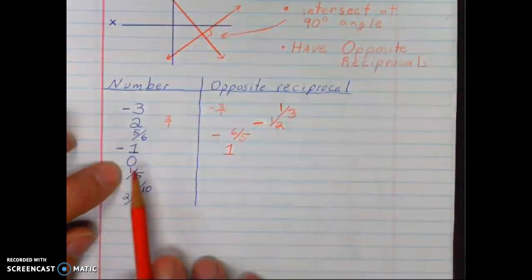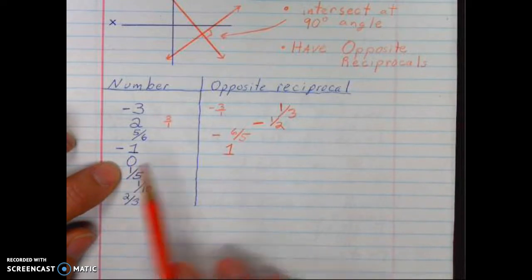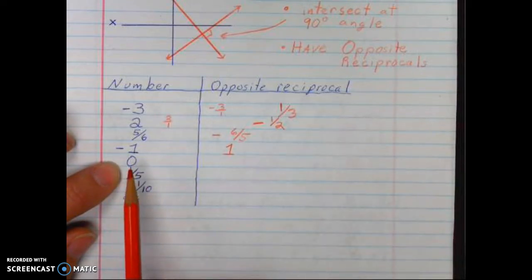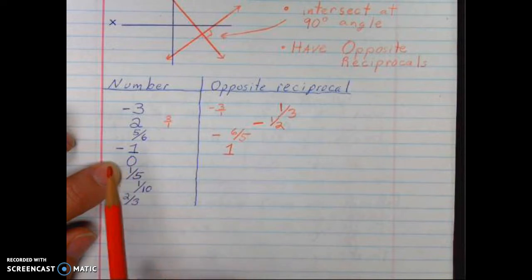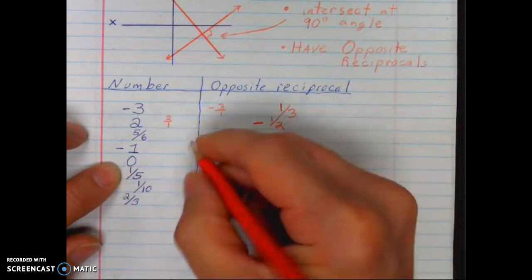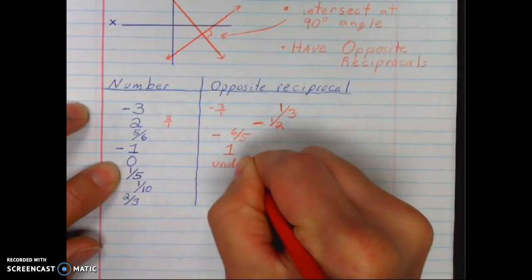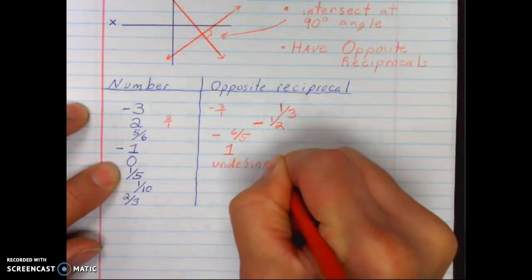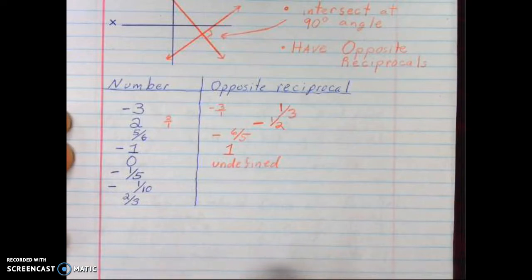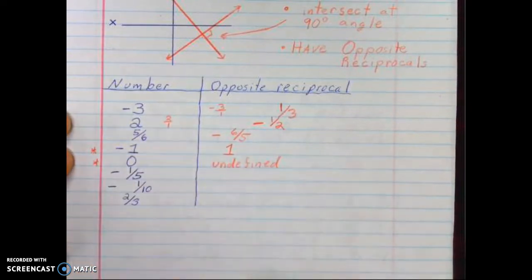All right. 0 is also tricky because there's really no opposite reciprocal, but remember, 0 means it's a flat line, and the opposite in the graphing world is a vertical line, or what we call undefined. So for these two, you might want to put little indicators that they're little tricksters, right?